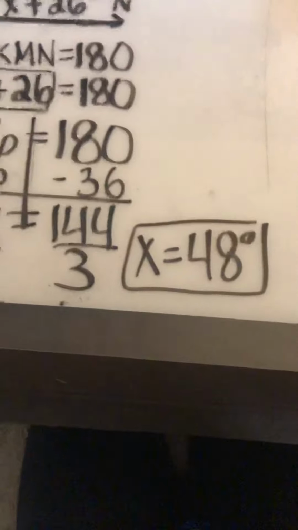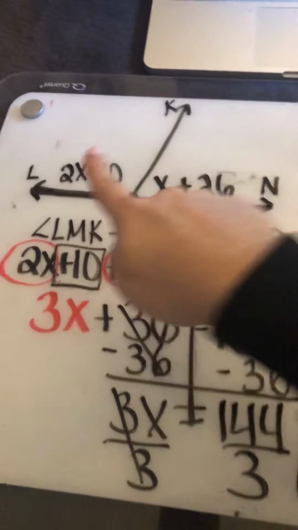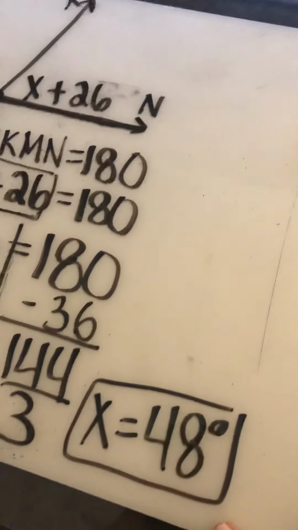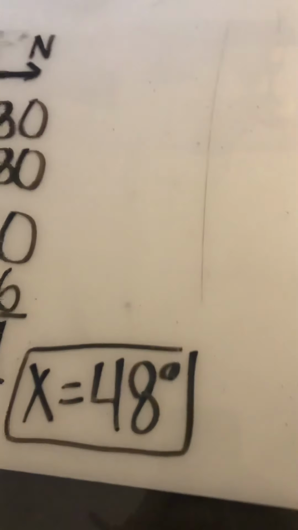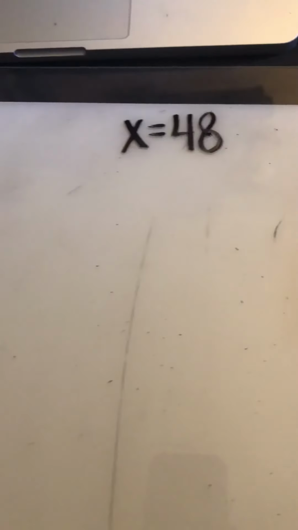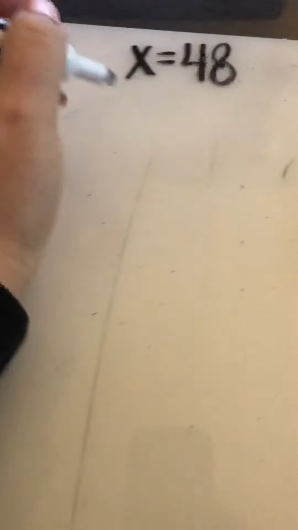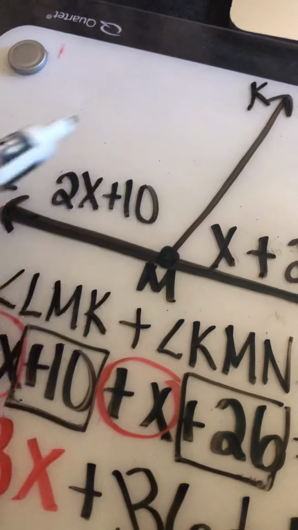Okay, so a little more work, not much, but just a little because we had an expression in both angles, right? So now we know that x is 48. If that's all they asked for, then you stop. That's it. You figured it out. X equals 48. But we're going to also find the angle measures. So I'm going to put at the top x equals 48, and we're going to start solving. So we're going to do angle LMK first. Angle LMK equals 2x plus 10.